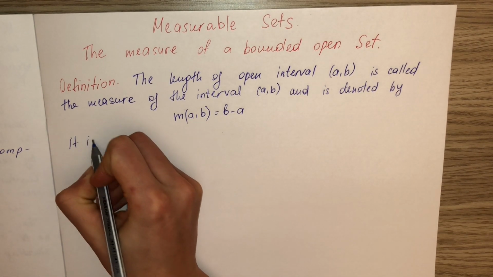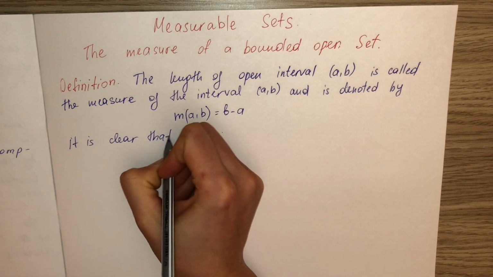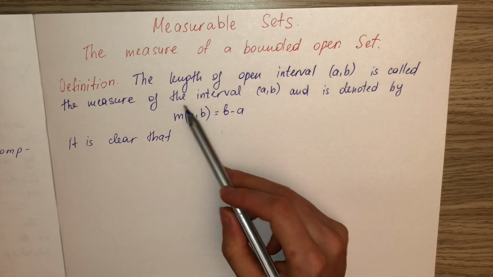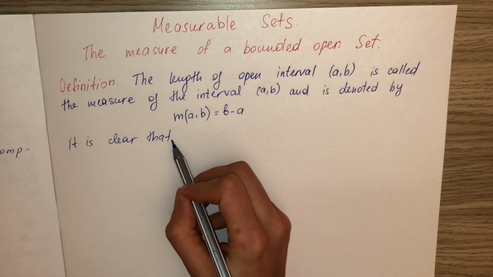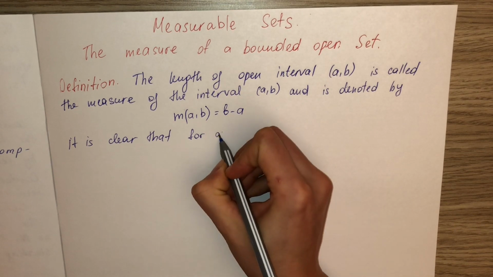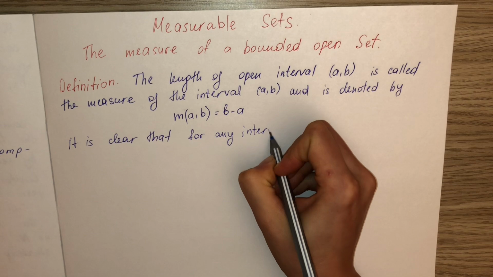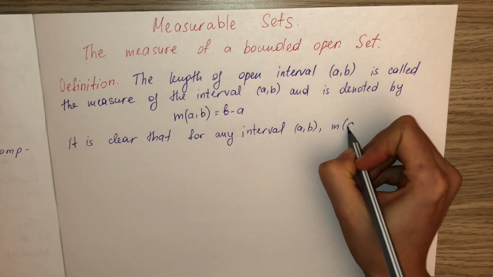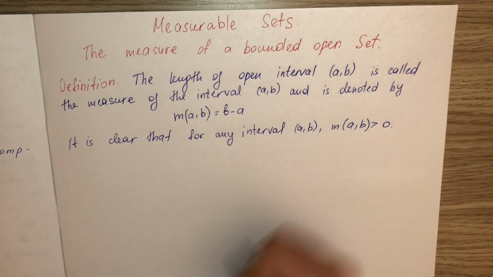It's clear that for any interval (a, b), the measure of (a, b) is always greater than 0.